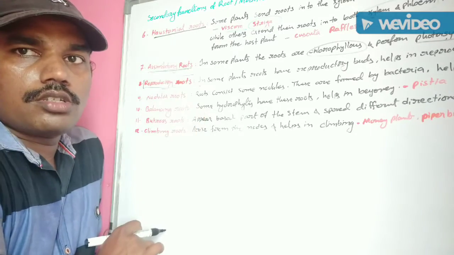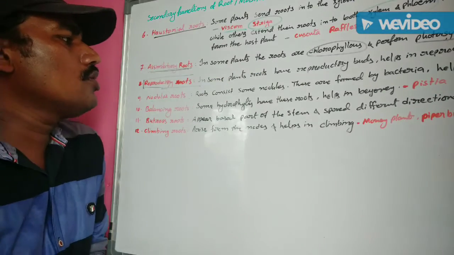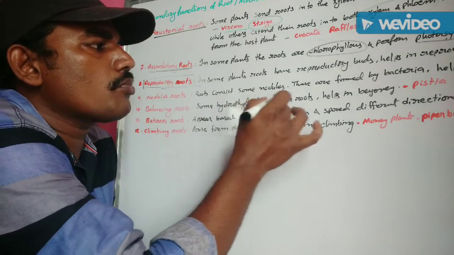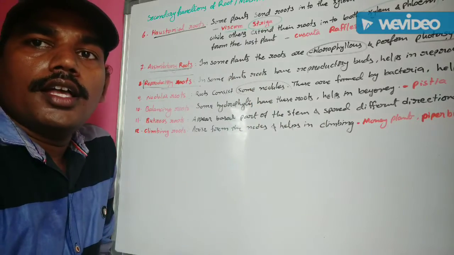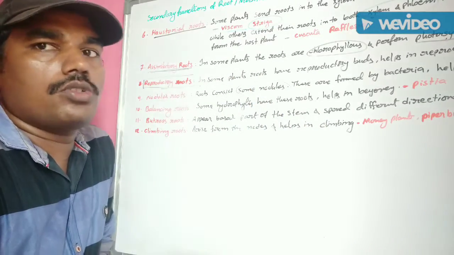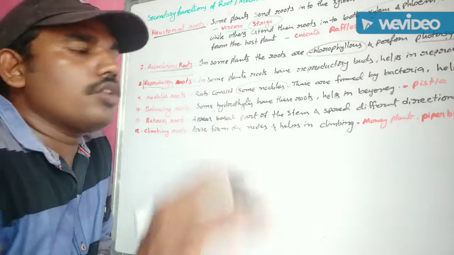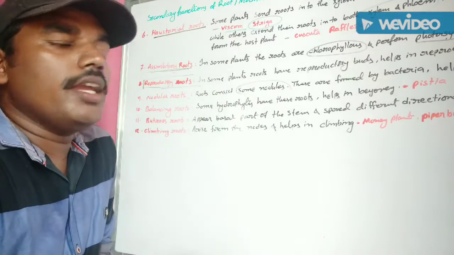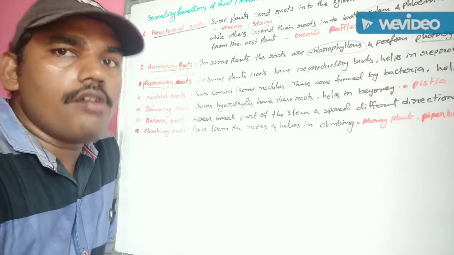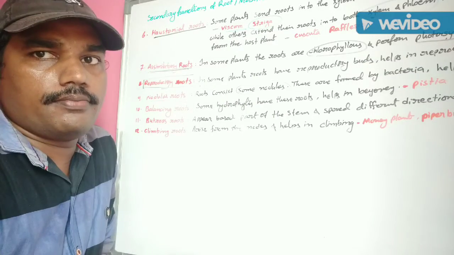Nodular roots. We already discussed nodular roots in our earlier classes. These nodular roots consist of some nodules on secondary roots. These nodules are mainly formed by the activity of a bacterium, Rhizobium.